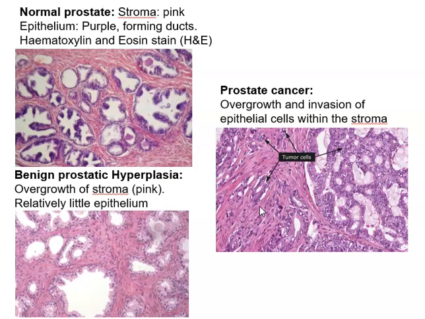And if you remember what I said earlier about the stroma, that's where the blood vessels are. And epithelium and blood vessels shouldn't mix unless it's a disease situation. What can happen here is these epithelial cells can gain access to the blood supply and then metastasize or spread around the body. And it's usually metastatic spreading cancers that kill the patient rather than the tumours within the prostate or breast or wherever.